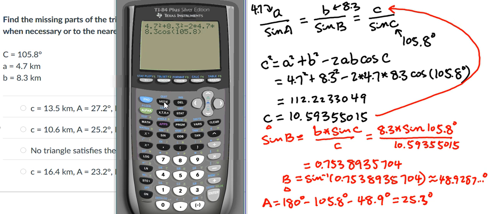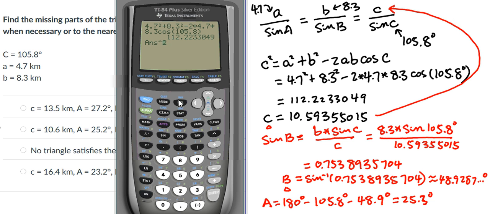Again, here it has to be in degree mode. If it were not, we would be in trouble. So you have 112.22 something. Choose the square root. You may use the exponent key. If you wanted to square this number, you put 2 here.